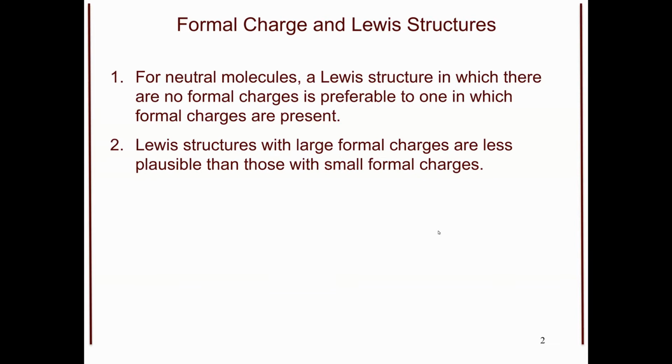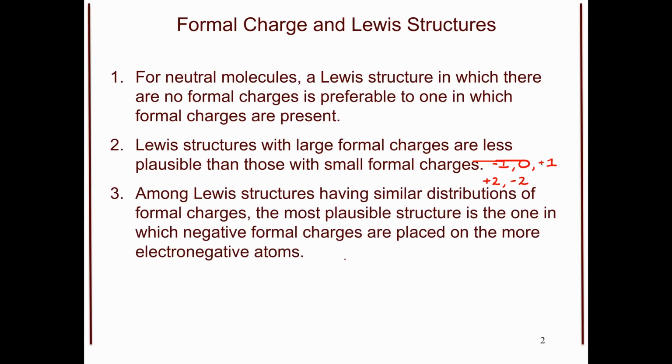So then for 2, it is saying that the Lewis structure with large formal charges are less plausible than those with small formal charges. The small formal charges that we want are going to be -1, 0, which is neutral, which goes back to rule 1, and +1. We want to stay away from anything that is typically +2, -2, or higher.